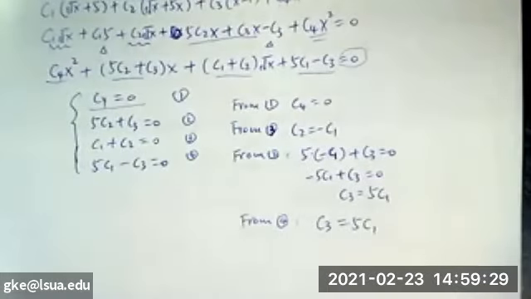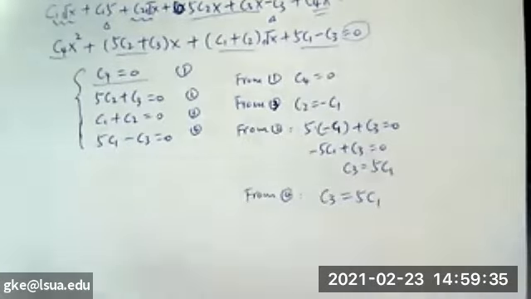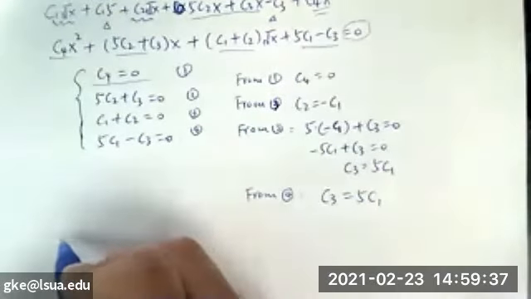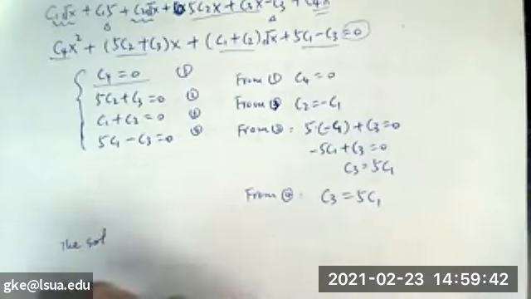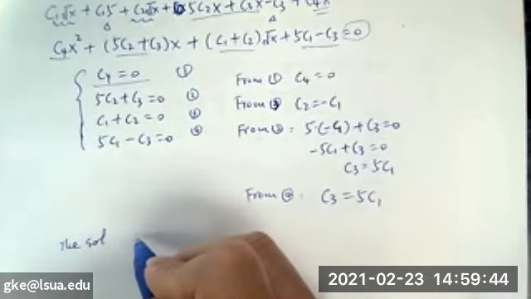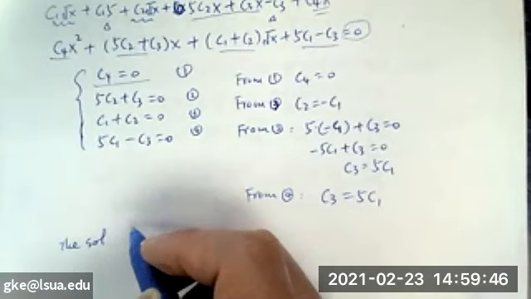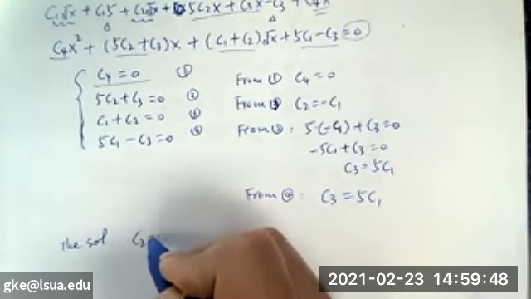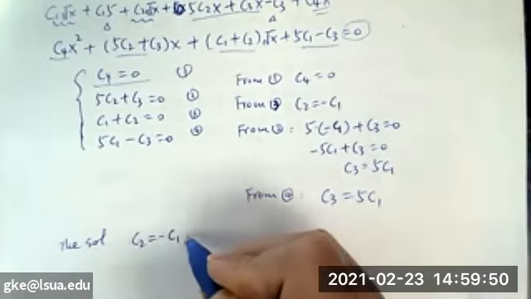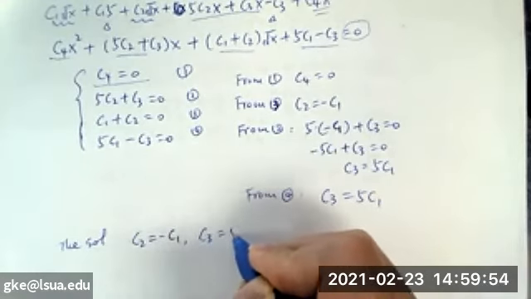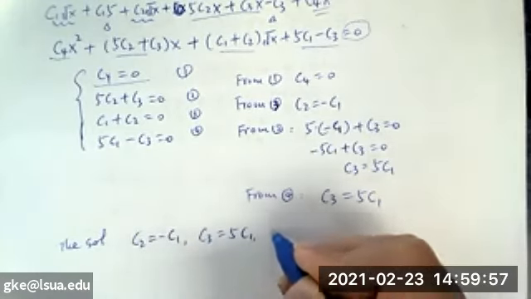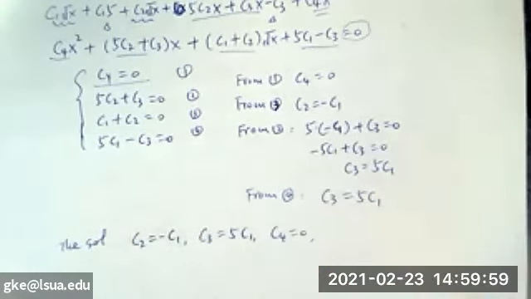So you can see the solution is C2 equals negative C1, C3 equals 5C1, and C4 equals 0.